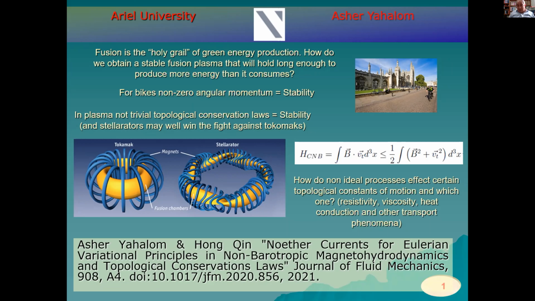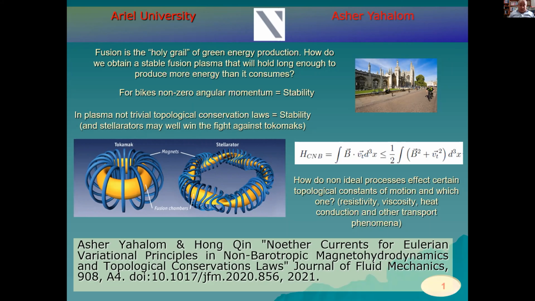Now, when we talk of stability, for simple systems, there are simple solutions, right? If you ride your bike, you just need to give enough angular momentum to the wheels, and then it becomes stable.